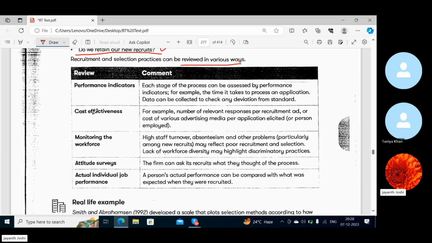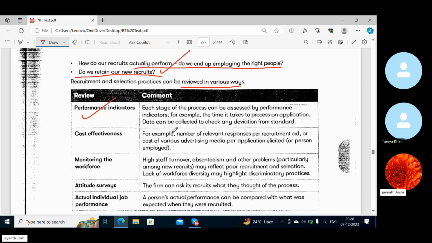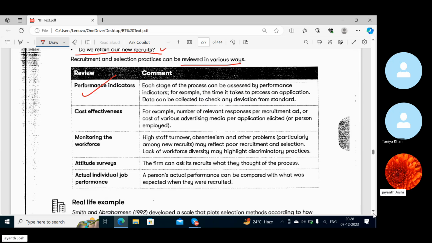This is the criteria you review to see how you are performing. There are certain indicators which can tell you about your performance in every stage, right? If you assess against the parameters or standards and you are deviating from them, then you can understand where your performance is going. Then you can try to correct yourself.